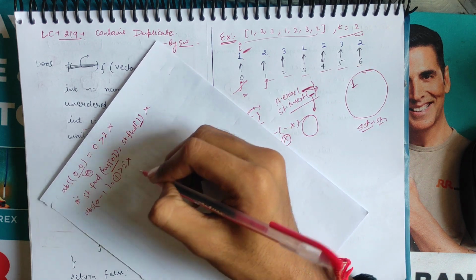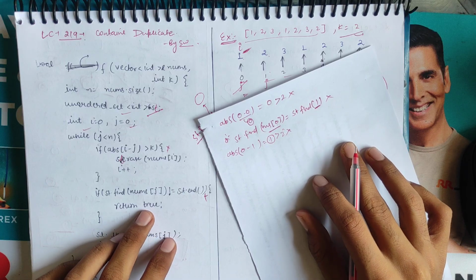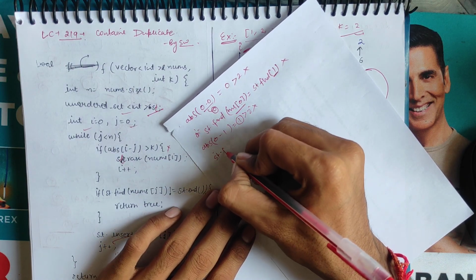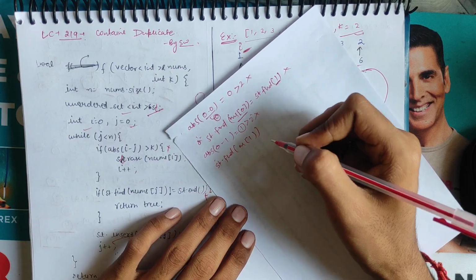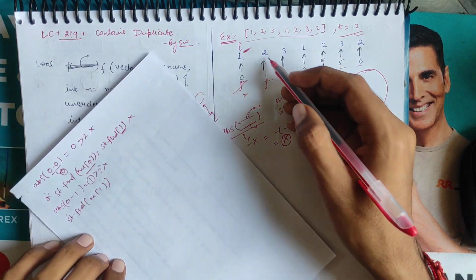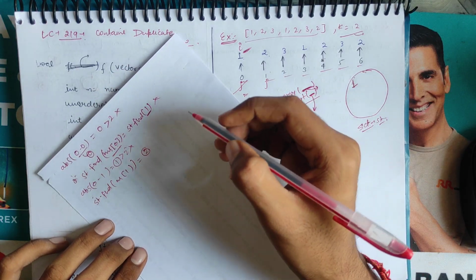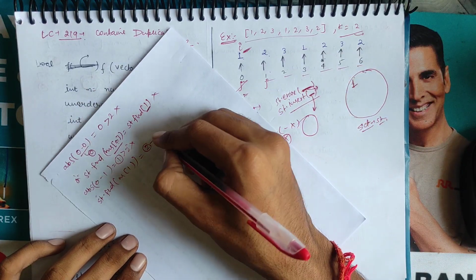No, it's not, so this won't be executed. After that we again find st.find of nums of 1. nums of 1 is 2, so is 2 present in the set? No, we have only 1. Again this is false.